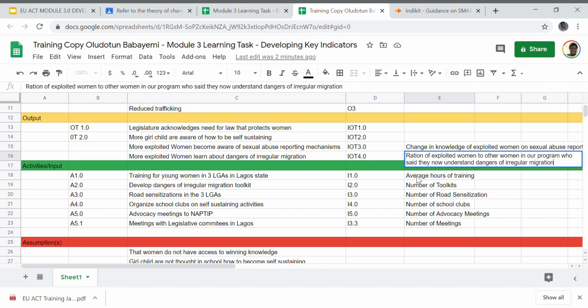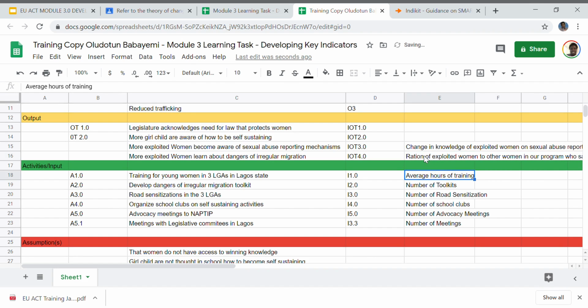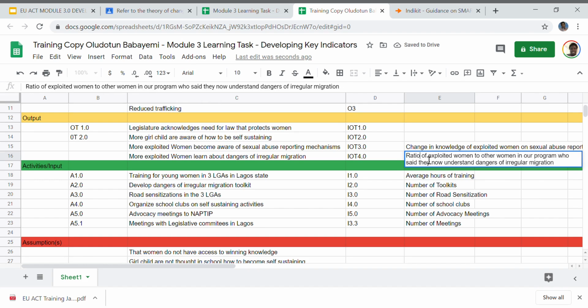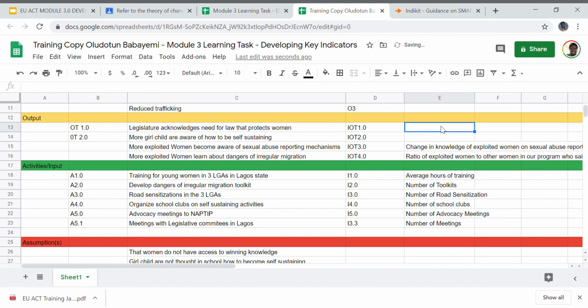So, all these are done with your team, right? Not necessarily something you do on your own, but you facilitate it as an M&E person. Legislator acknowledges need for law that protects women. This could just be quotes from legislators during advocacy meetings.